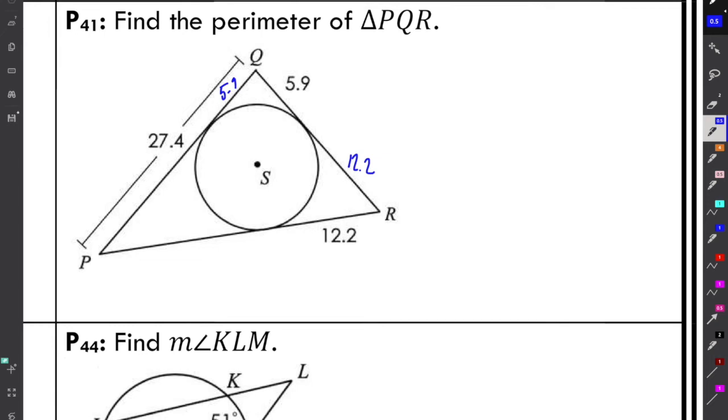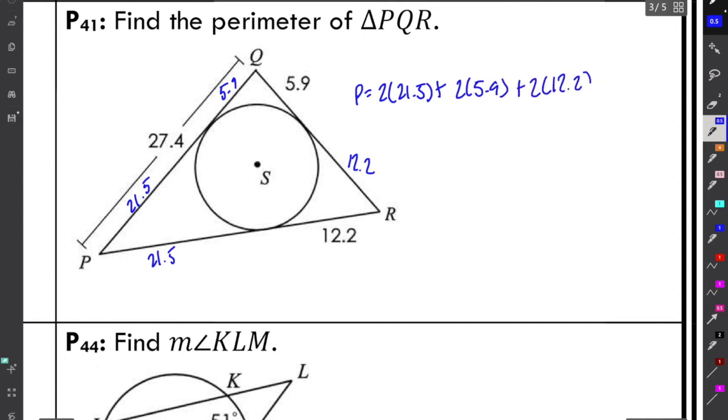So 27.4 minus this 5.9, that's equal to 21.5. So this is 21.5. And then my perimeter now will be equal to 2 times 21.5 plus 2 times 5.9 plus 2 times 12.2. I have 2 of everything because look, I have 2 of every length right here. In my calculator, plugging that in, gives me that my perimeter is equal to 79.2.